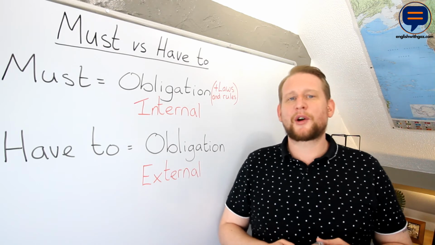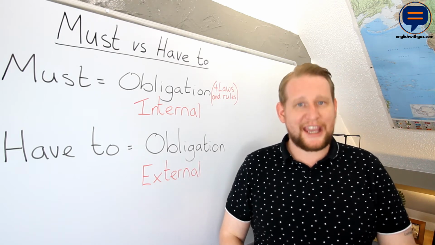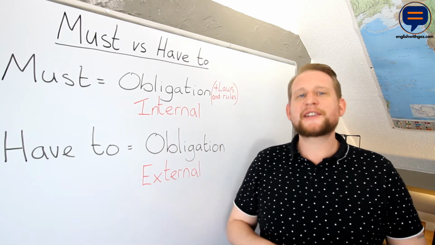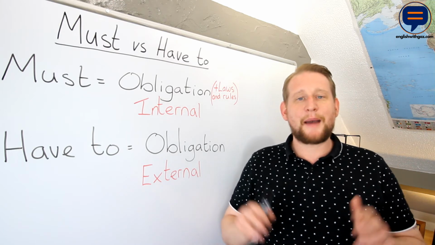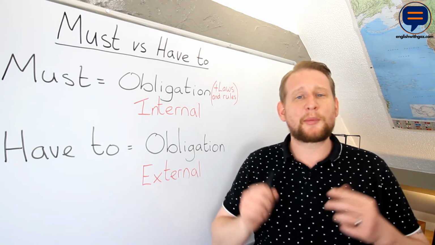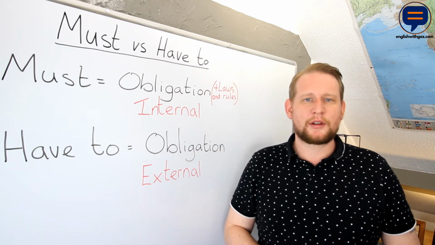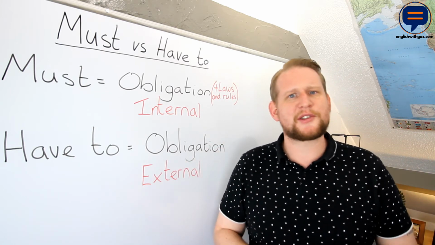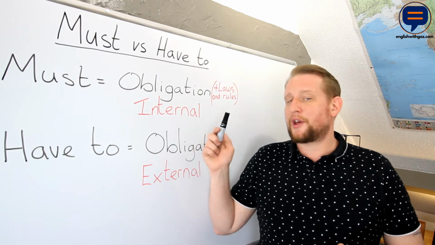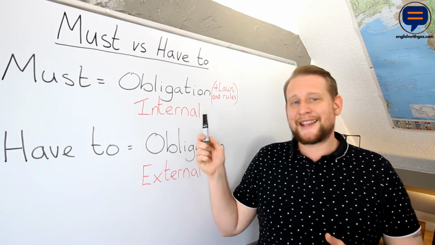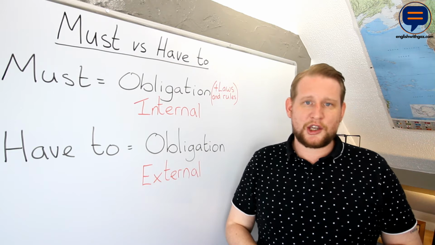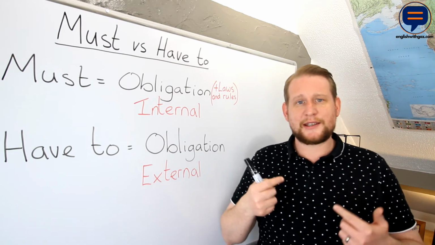Let's go back now and consider where the obligation comes from. In the first examples I gave you, I must quit smoking because it's terrible for my health, and I must feed my children because they'll die and I'll go to prison. So both of these examples are an internal obligation. It's my choice. It's important to me.